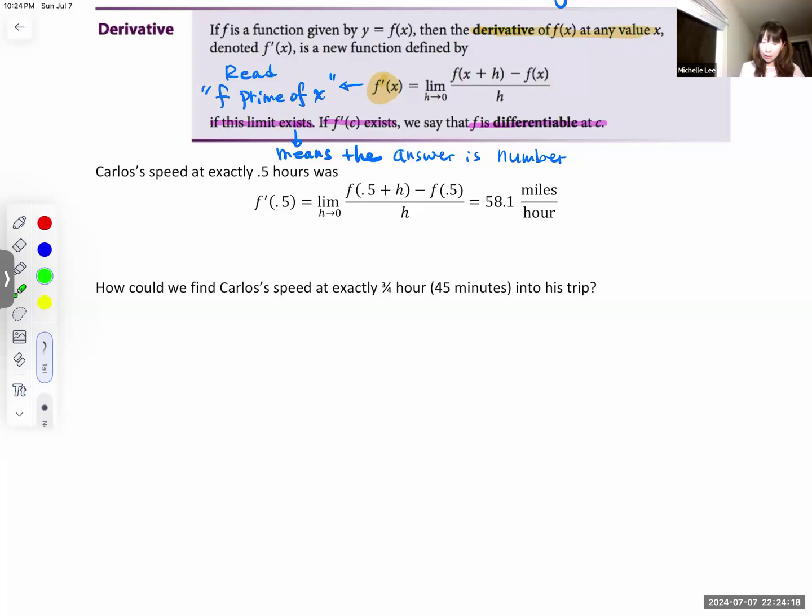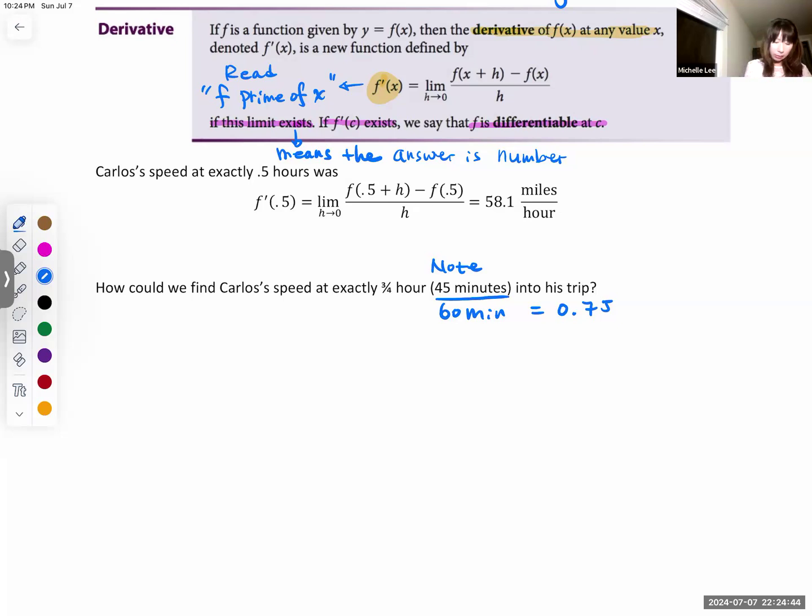Okay, so 45 minutes divided by 60 minutes, we get 0.75. So they said exactly, right? So at the moment. So we want to find instantaneous speed at the moment, right?